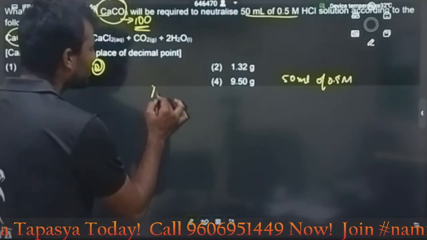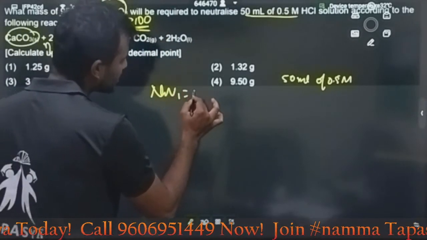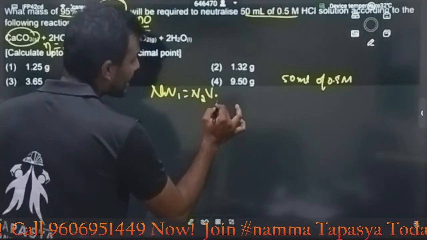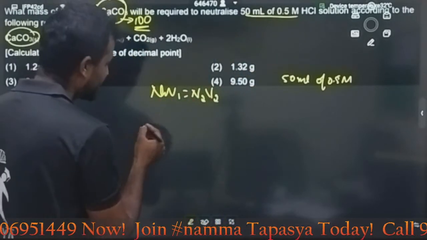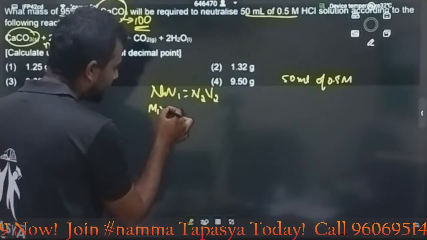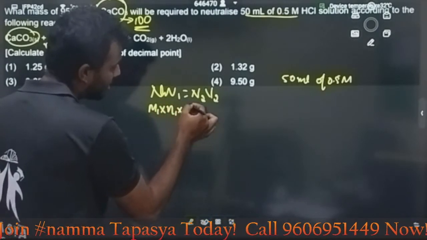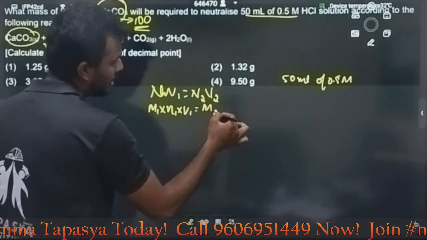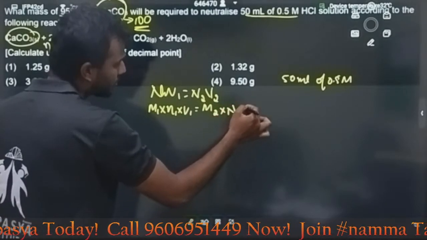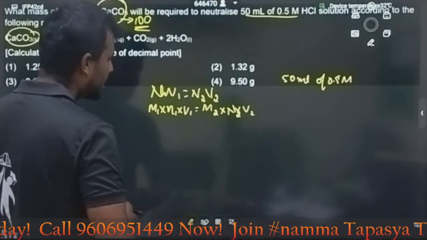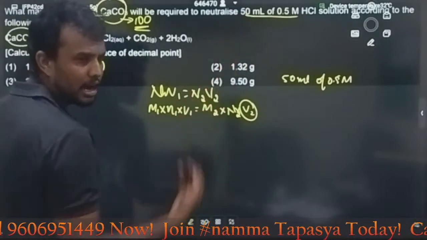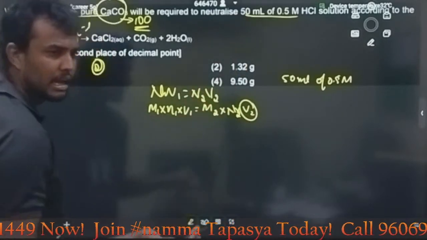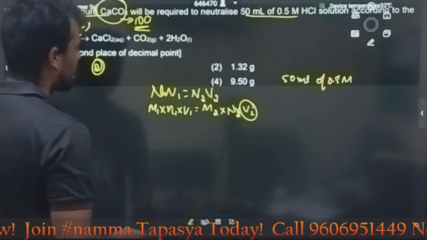Look here. N1V1 is equal to N2V2 now for neutralization. By using molarity they are giving. Molarity, convert for the molarity, my dear students. Molarity M1, n1, V1 is equal to M2, n2, V2. Clear? Here, my dear students, you can calculate by using molarity, or gram you can calculate by using gram only.